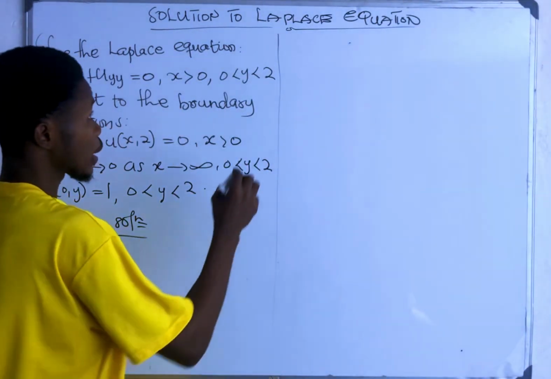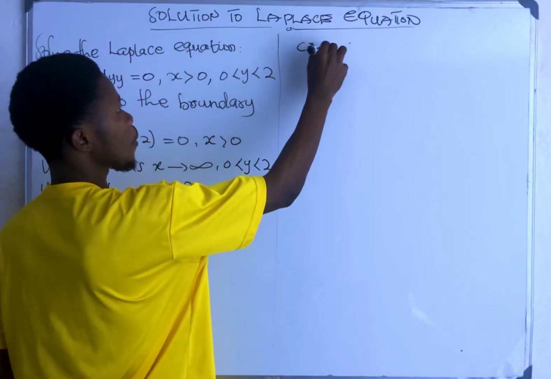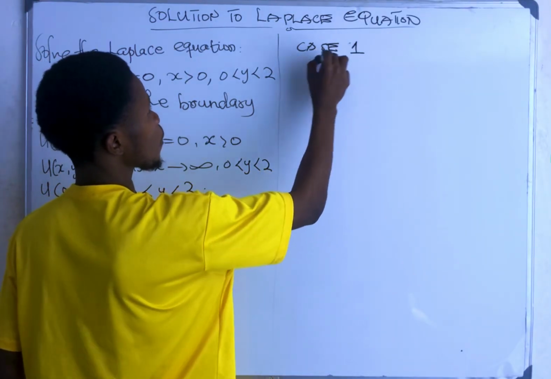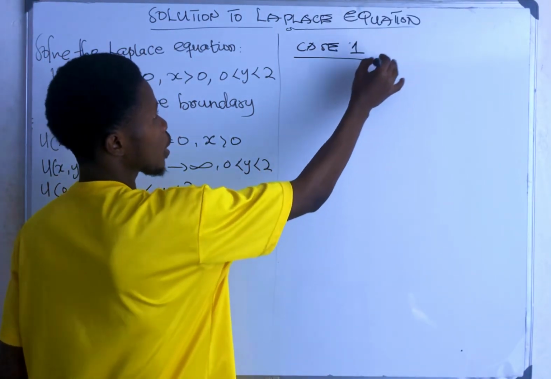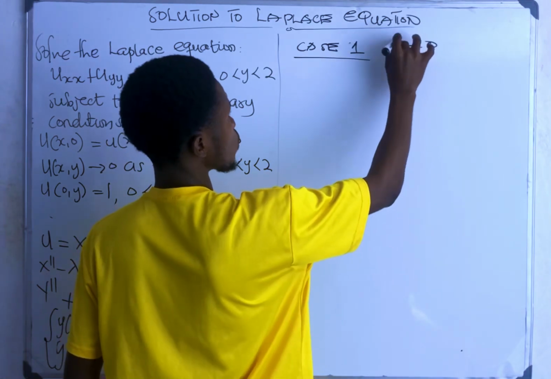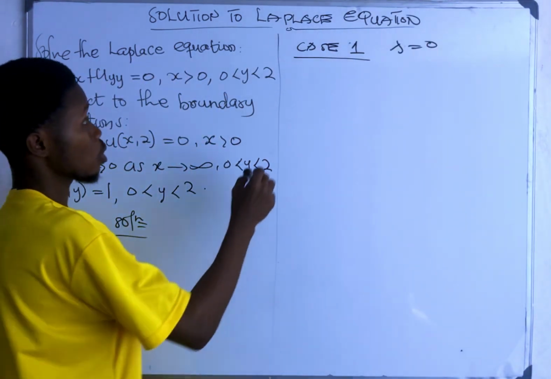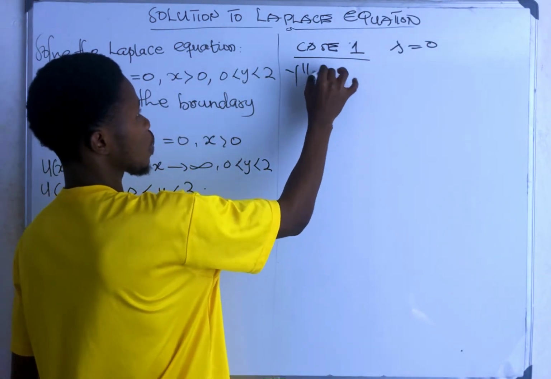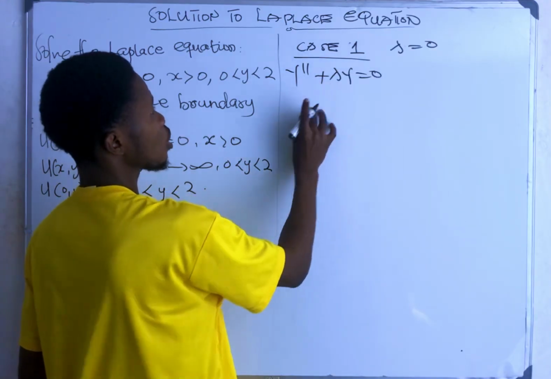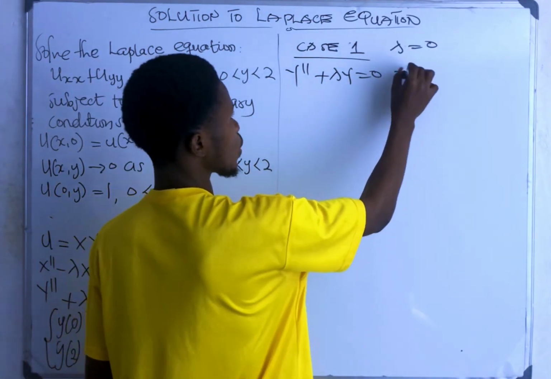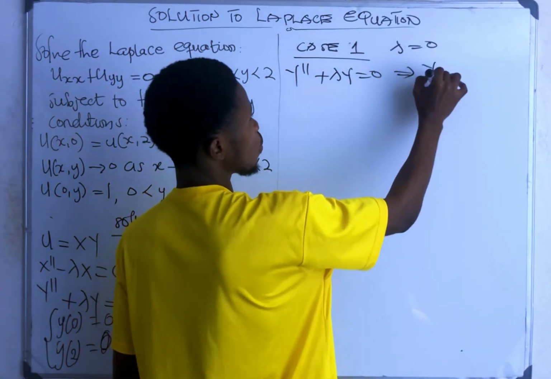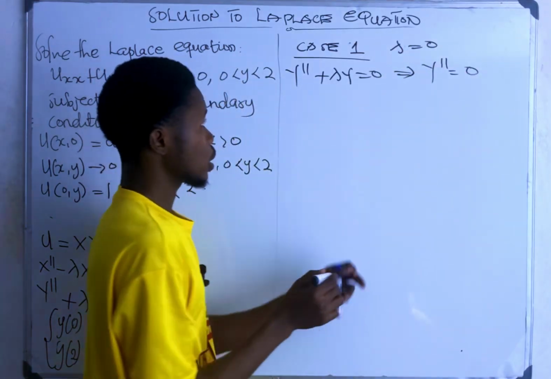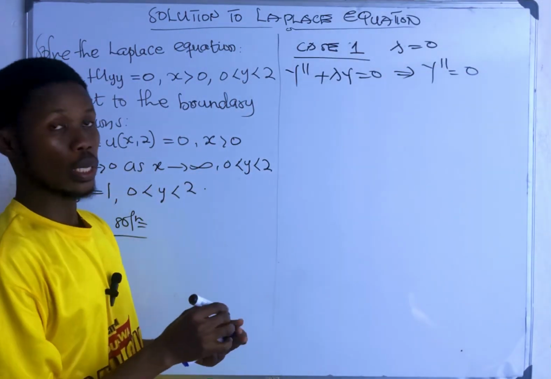Case 1. We said that when lambda equals what? 0. So when lambda equals 0, because we are basing on this, we will get y prime prime equals 0, because 0 times y is 0.